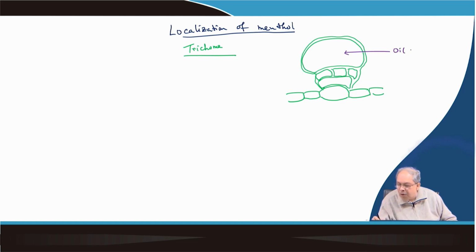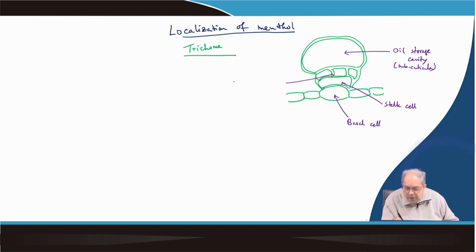This is the oil storage cavity. This is also subcuticular. This is the stalk cell, and this is called the basal cell, and these are called secretory cells.